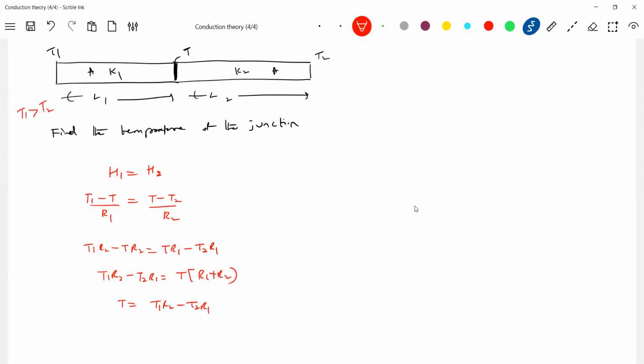Let's see the further simplification, what we get. Okay, let me solve for T. This will be T1. What is R2? You write it as length L2 by K2A, and R1 is L1 by K1A.